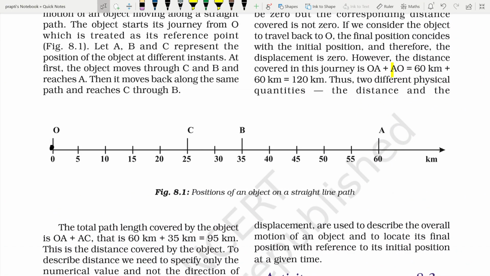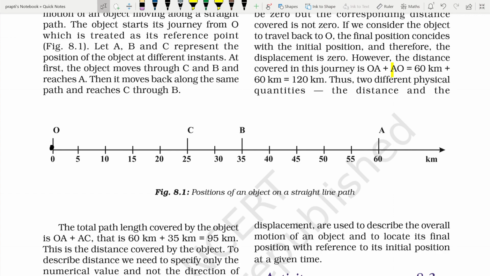The total path length covered by the object, O to A plus AC, that is 60 kilometers plus 35 is 95, because the object moved from O to A, that is 60 kilometers, from A back to C, that is 35 kilometers, that is 95 kilometers.